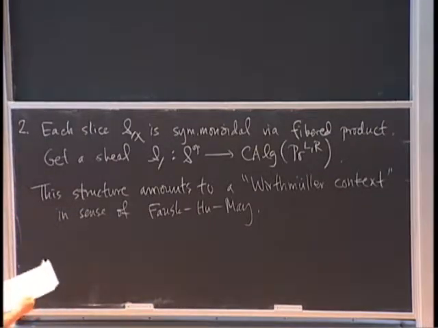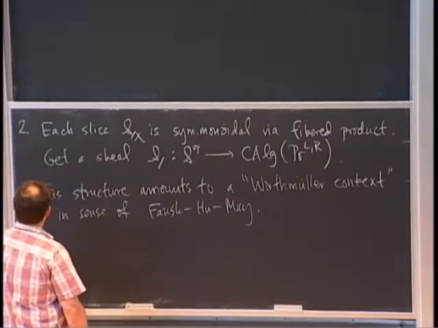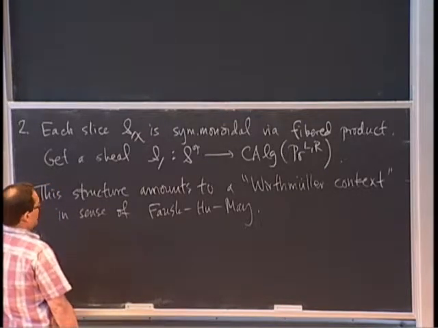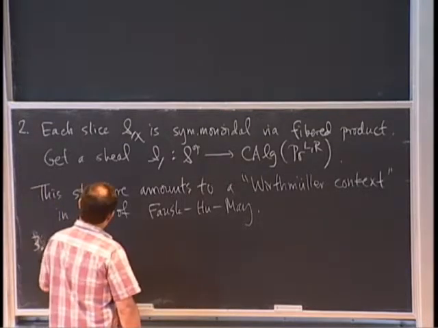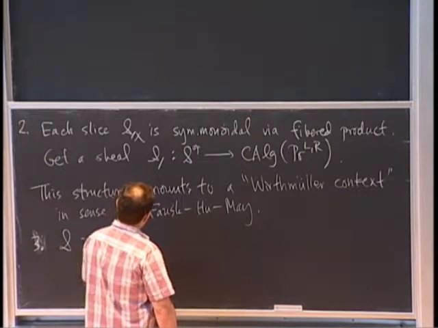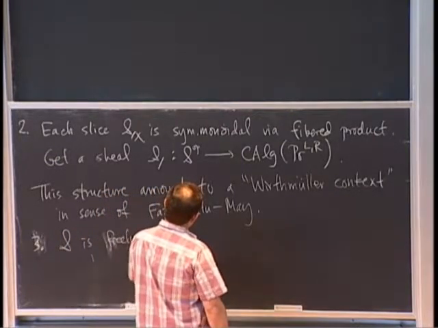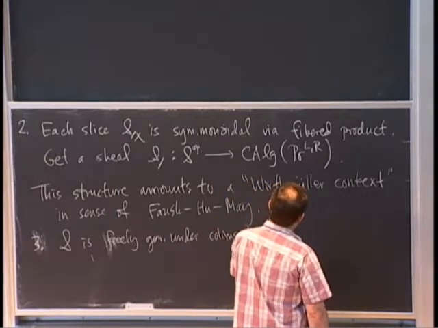So, more generally, let me say a third property. A third property is because S is freely generated under colimits by just the point.